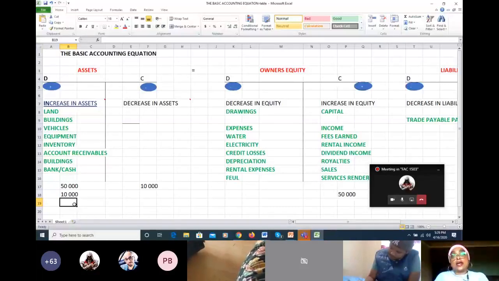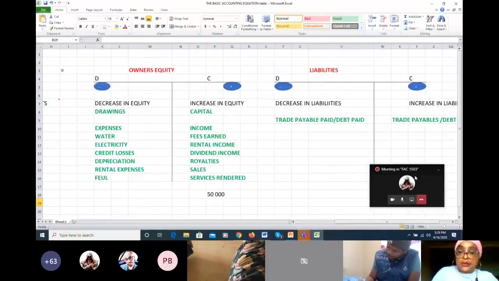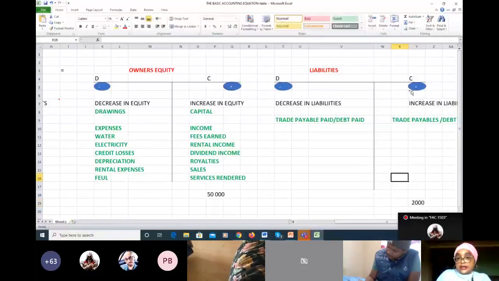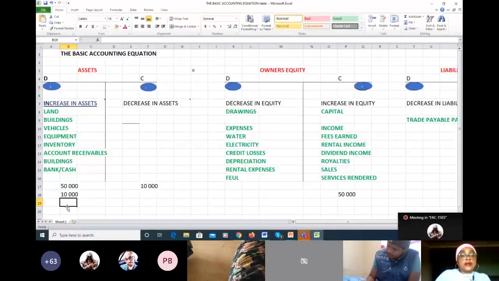I want to buy it on my Game account. So what actually happens now is my liability is going to increase. So the 2,000 Rand is going to lay here because you can see my liabilities here is increasing, and it's going to lay here as well under my assets because now I've acquired a dough maker.